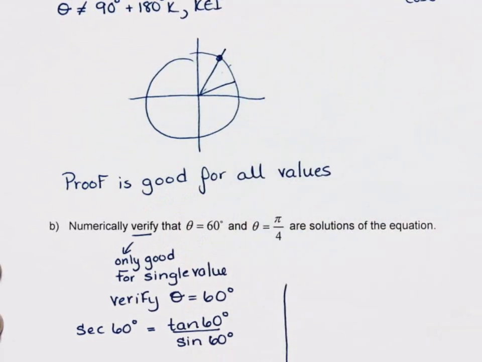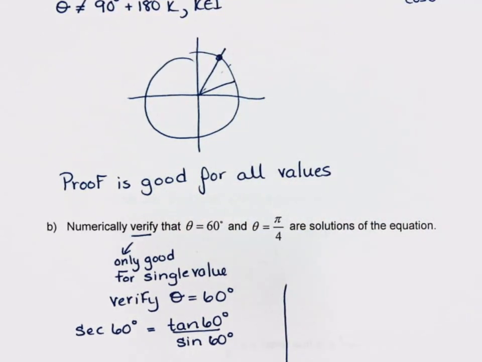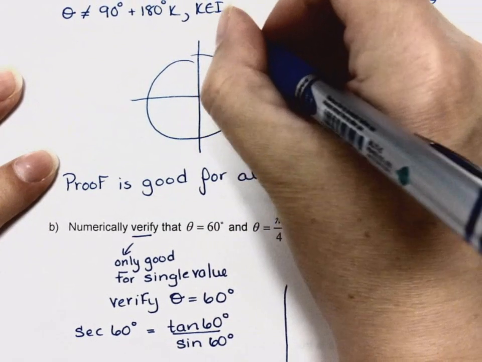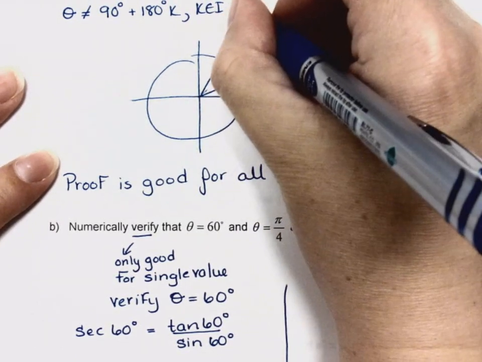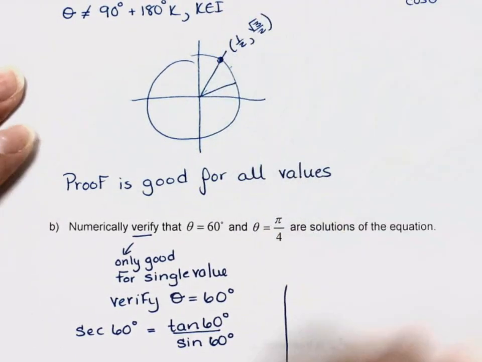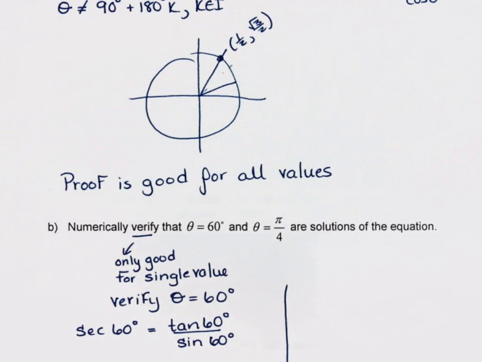What are the coordinates at 60 degrees? It's a 1/2 and a root 3 over 2. So you thought you got away from chapter 4, but you really didn't. It is here. So you need to know that in order to do this question.